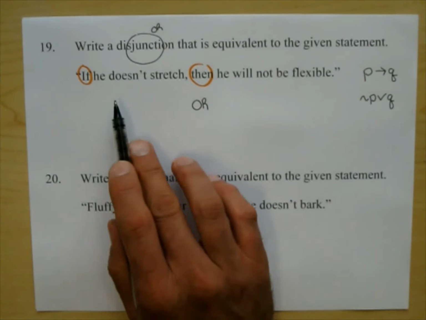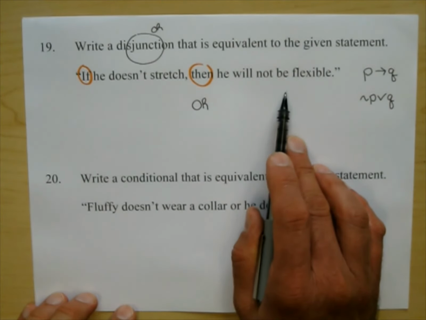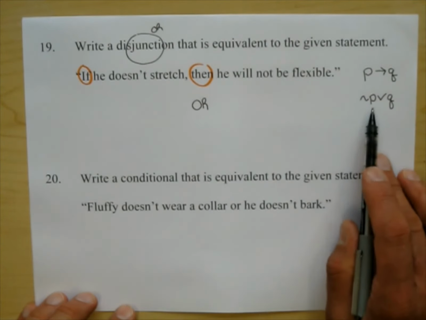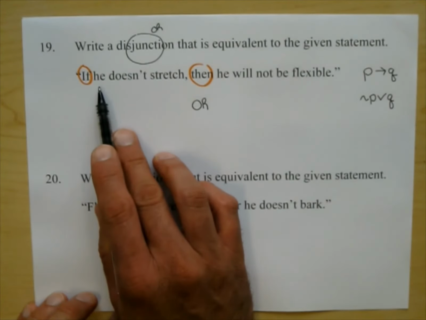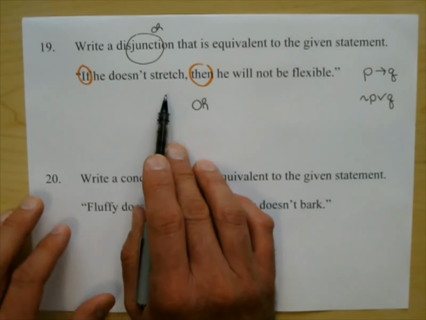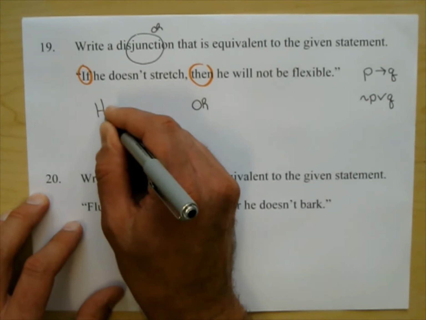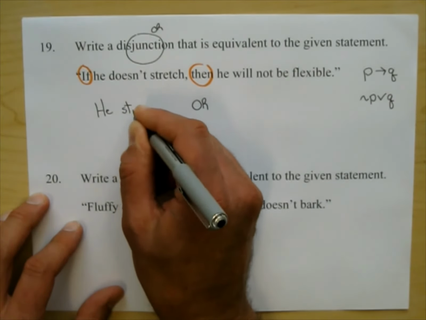Okay, and then I have the first part and the second part. Which one gets negated? It is the first part. So the first part says he doesn't stretch. The negation of that is he stretches. Or he does stretch. I'm going to say he stretches.